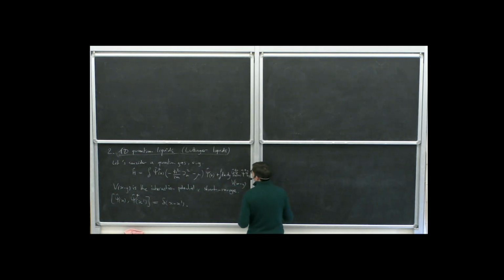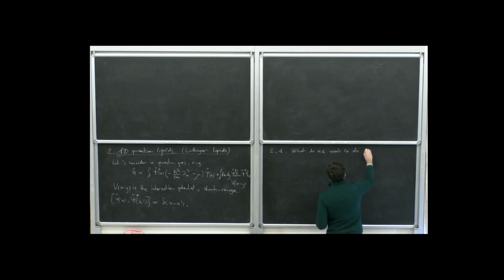Now, what do we want to do, and why do we want to do it? We are interested in the physics of this quantum gas at low temperature. That's the first assumption that we make.